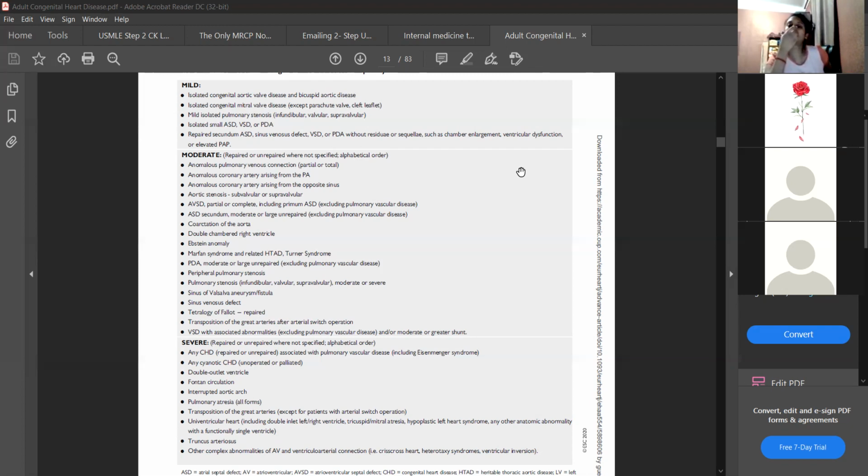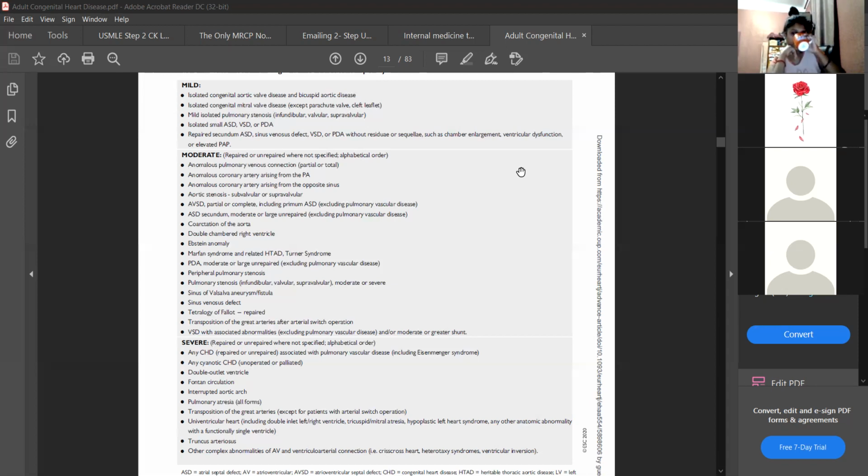According to USMLE and several other books as well that I've read, this probably has a higher tendency to be correct. Right to left shunting diseases are cyanotic heart diseases. However, if we want to generalize such classification and cross match them, you see right to left shunting: tetralogy of Fallot, Epstein anomaly, tricuspid atresia.